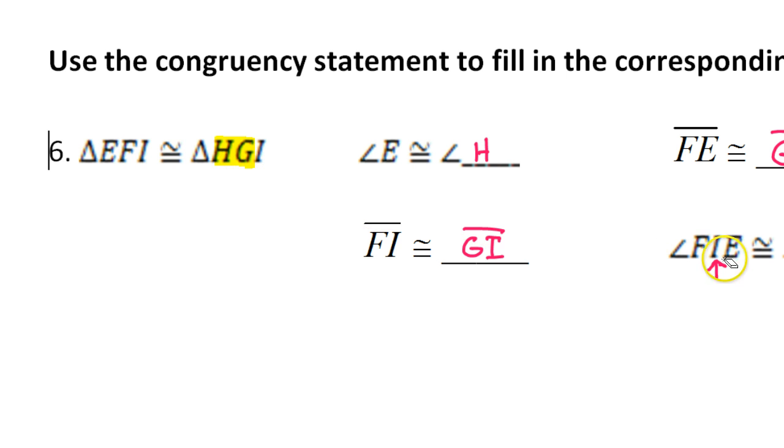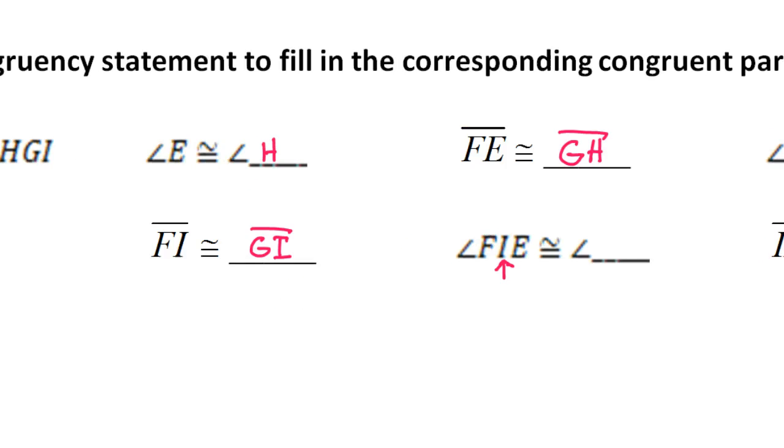So when we say FIE, we're talking about this first triangle, FIE. So that's going to be the same thing as GIH. Which really I could have said HIG and it would have been the same thing. Alright, but I has to be in the middle. So FIE is like GIH.